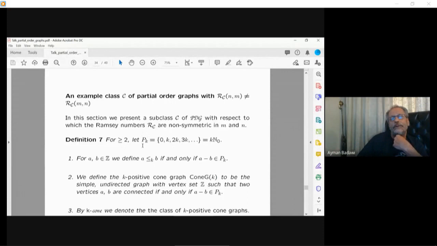This is what I mean by P_k, the positive set indexed by k. We take the multiples of k, including 0, but the positive ones.